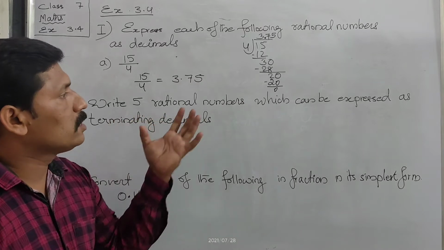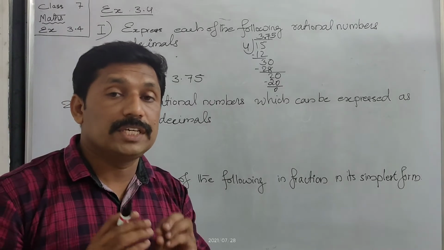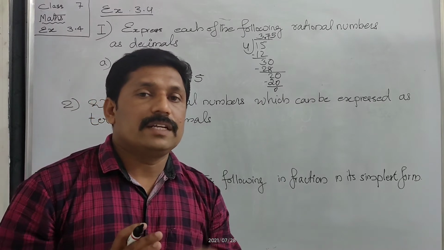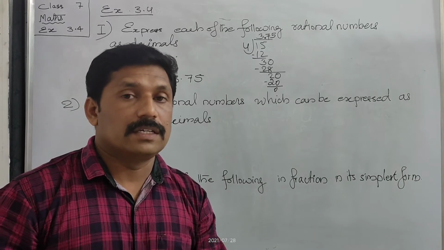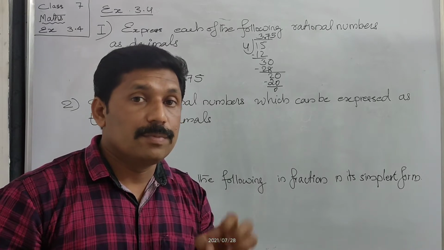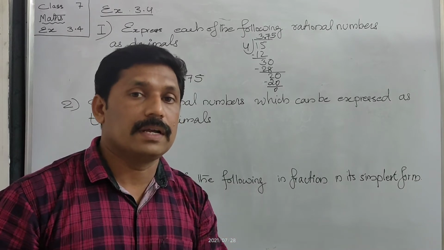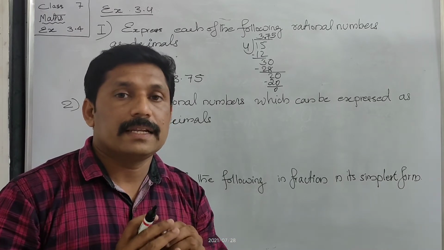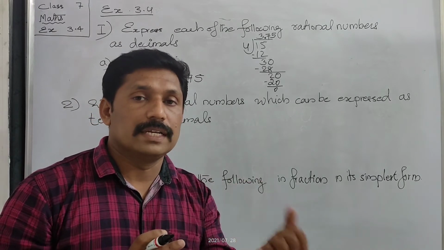Now write 5 rational numbers which can be expressed as terminating decimal. Students, for every terminating decimal, if you take the fraction form, or the rational number, and take its denominator, if the factors of the denominator of any rational number are either 2 or 5 or both 2 and 5, then that rational number will be a terminating decimal when we convert it into decimal form.